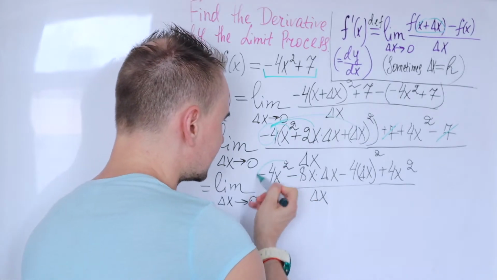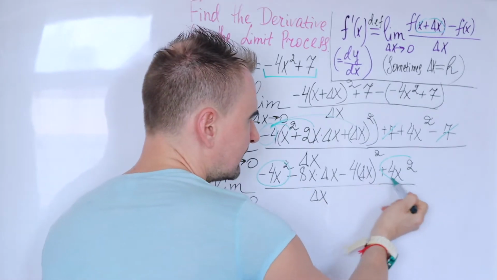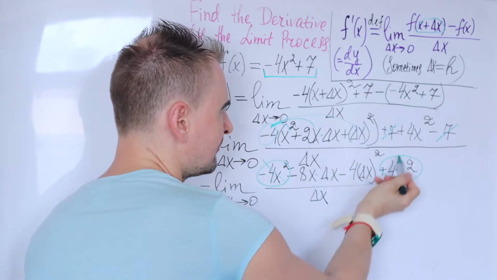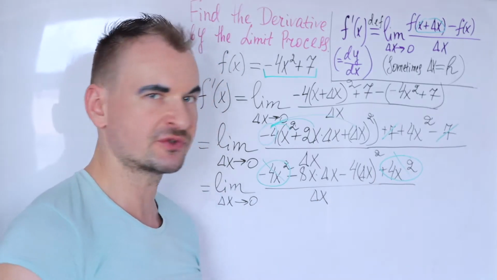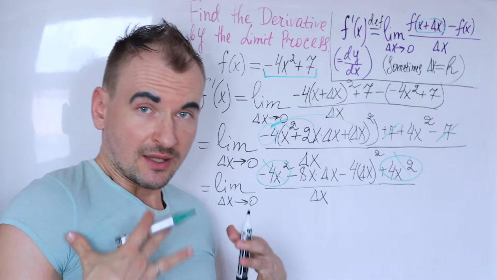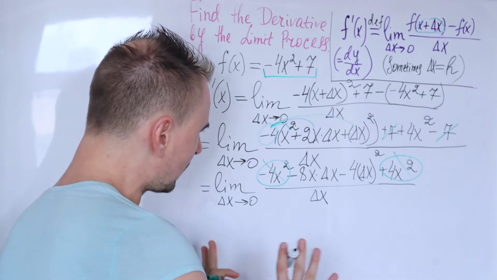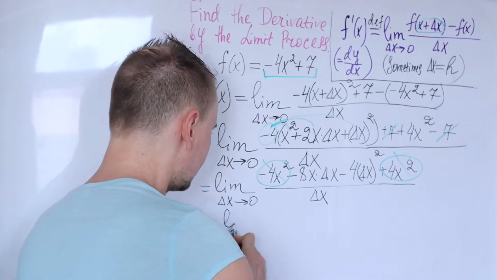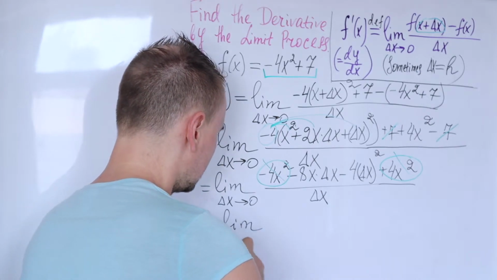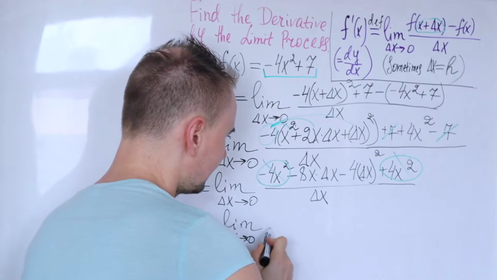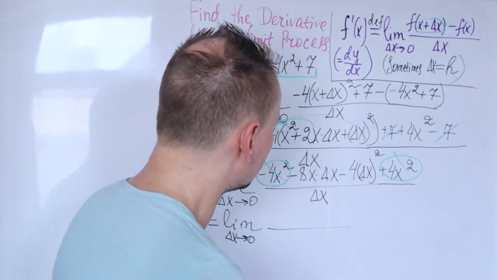Since we have negative 4x squared and positive 4x squared, we can simply ignore these 2 terms. Things are getting better with time. So next line, keep moving. Limit as delta x goes to 0. And what's left over?